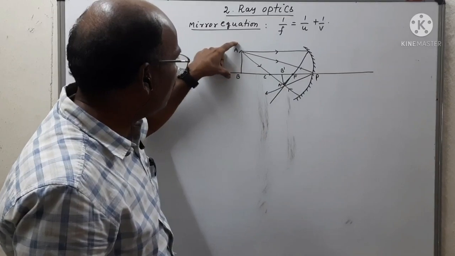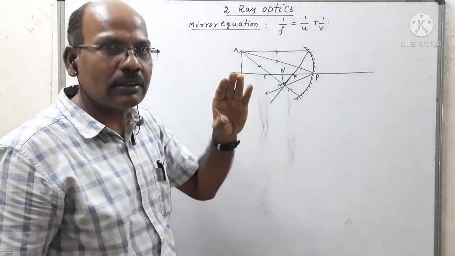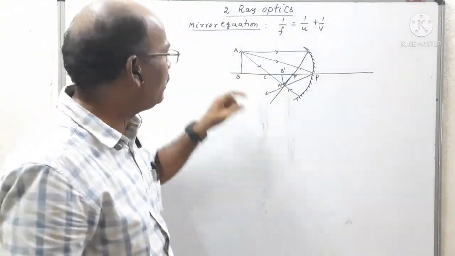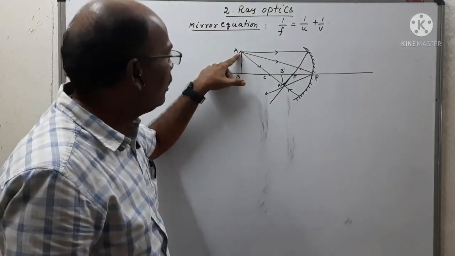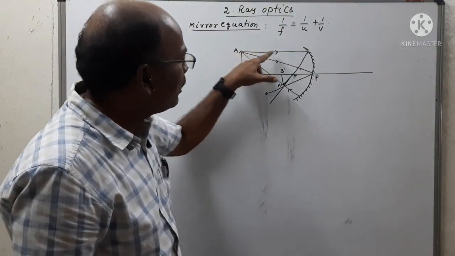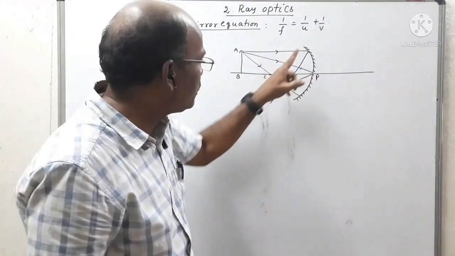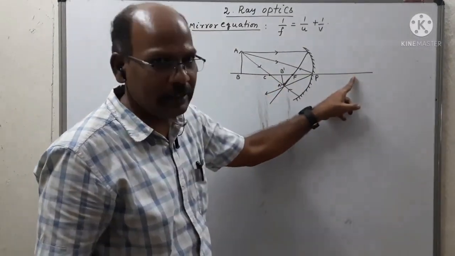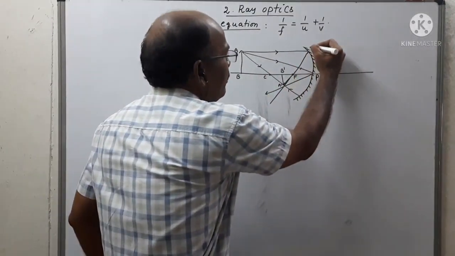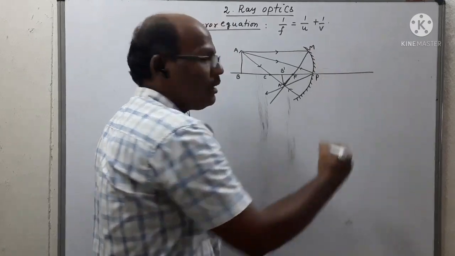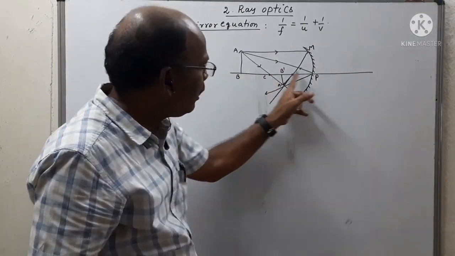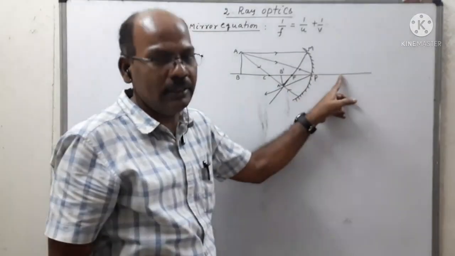Here we consider 3 rays which are emanating from the point A. The first one is a parallel ray, which is parallel to the principal axis. AM is a light ray which is parallel to the principal axis.